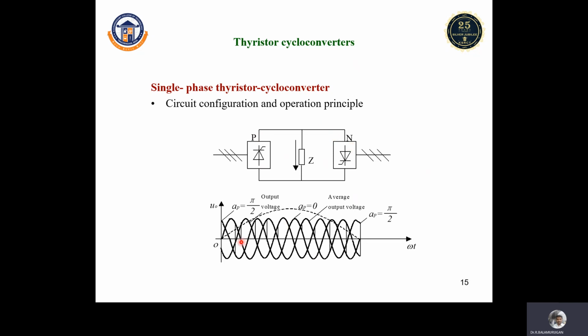So we can have types of cycloconverters also. It can be a single phase cycloconverter or a 3-phase cycloconverter, or single phase to 3-phase or 3-phase to single phase. You can see the single phase cycloconverter here and the output shown here. This is the 3-phase output and this is a template for the output.